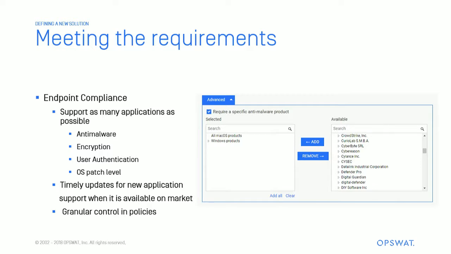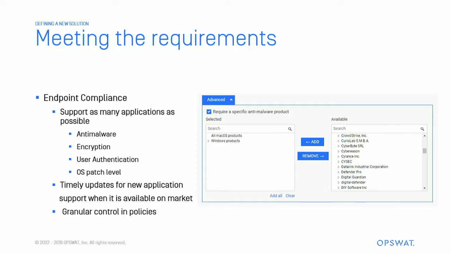For example, is there any anti-malware application running and is the real-time protection turned on? And what are those anti-malware applications? Is the device actually encrypted, and at what level? And does the user enable user authentication on the system at all? And how about the system patch level?